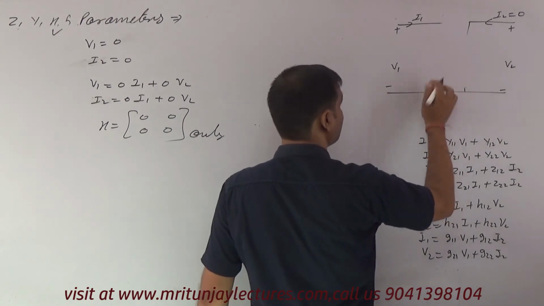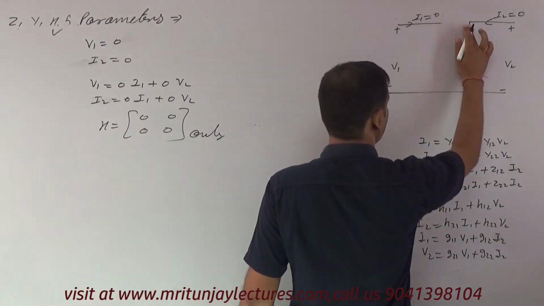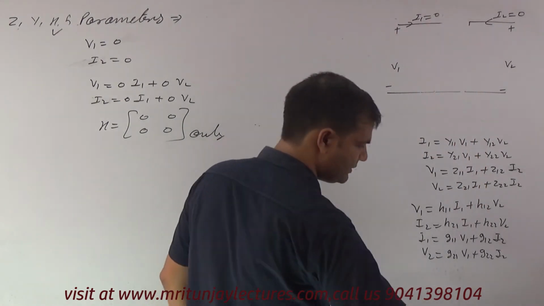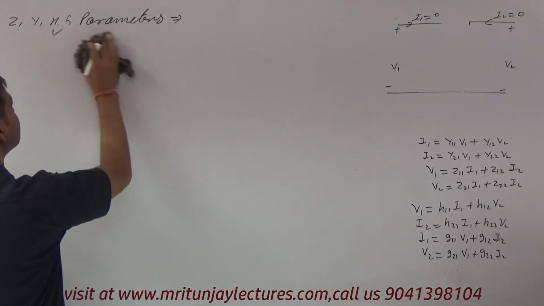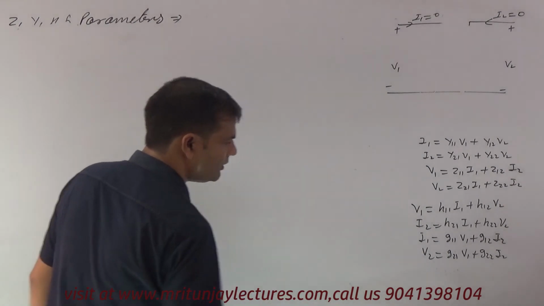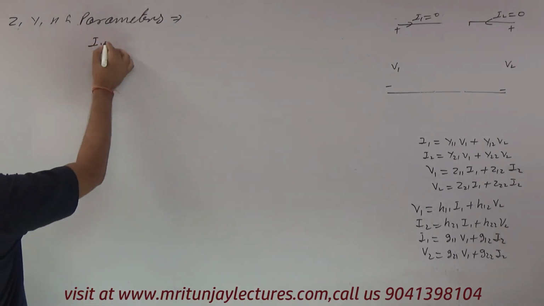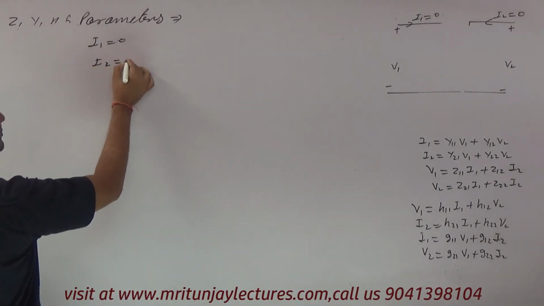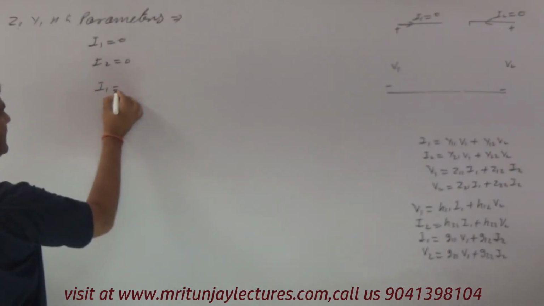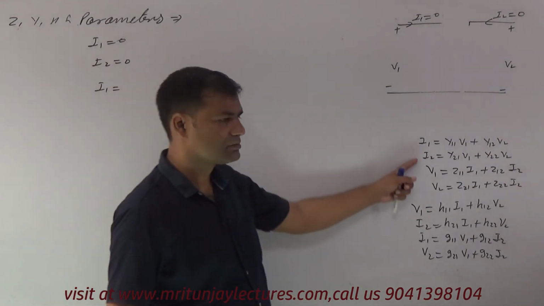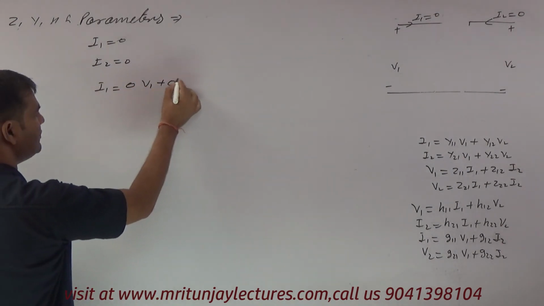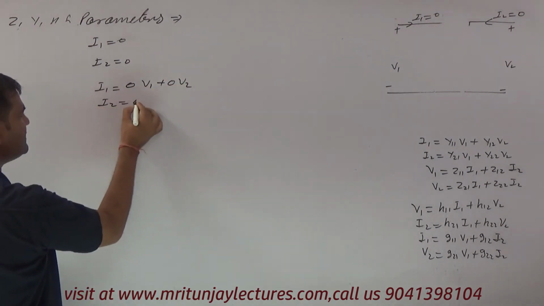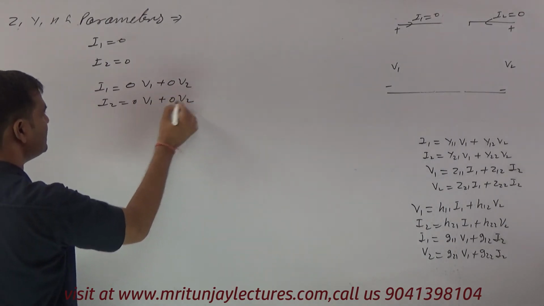Okay, now another problem. If I1 is 0 and I2 is 0, I1 is written as 0 V1 plus 0 V2, I2 is written as 0 into V1 plus 0 into V2.